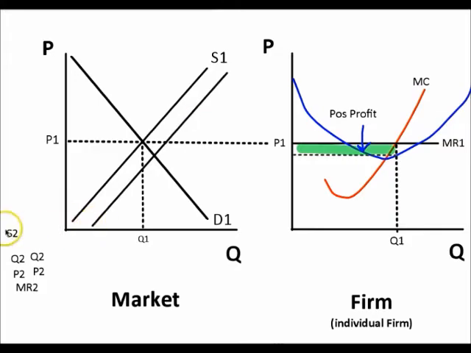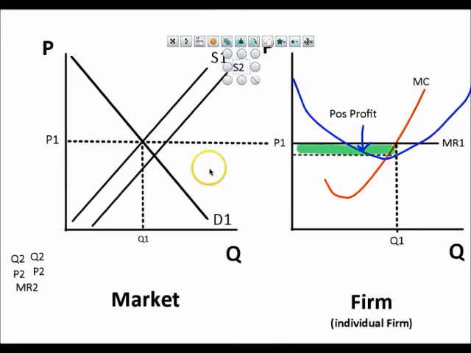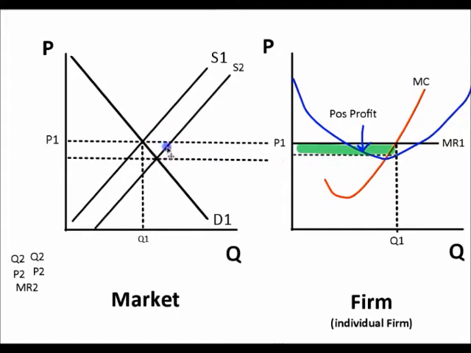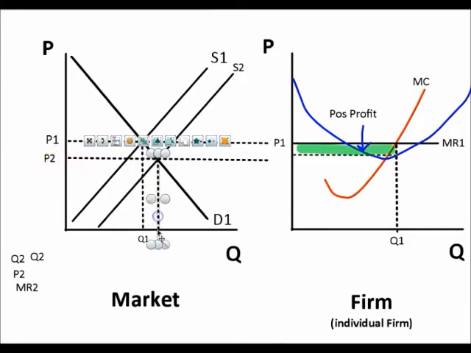Well, how far will the supply curve shift? It's going to keep shifting until the zero profit level is reached. So the supply curve is going to shift until we have a new market equilibrium price and a new market equilibrium quantity, and on the firm side, we're going to have a new price, which means a new MR. The MR is going to go down.